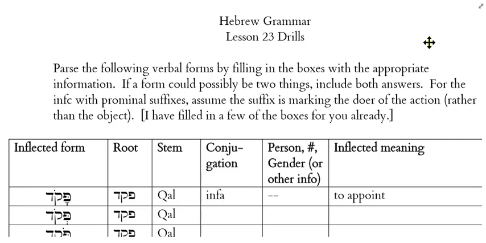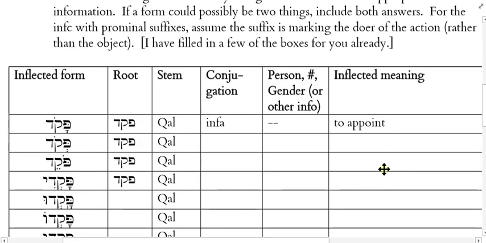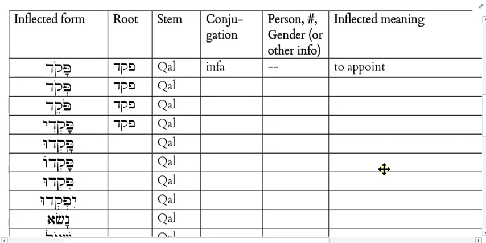And also, the inflected meaning of the infinitive absolute is not going to be what we would really translate in an actual sentence, because we don't know how it's being used, which of the four uses of the infinitive absolute it has. So we're just going to translate infinitive absolute forms as "to" blank and fill in the verb's meaning there. Okay, so I have the drill sheet up here.